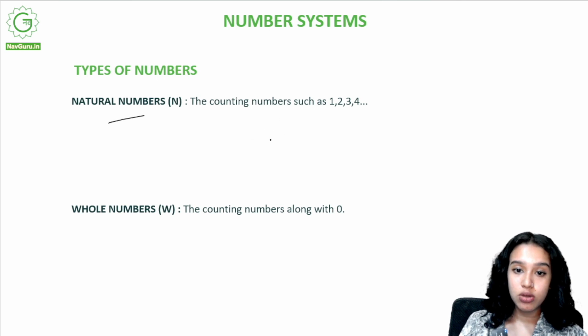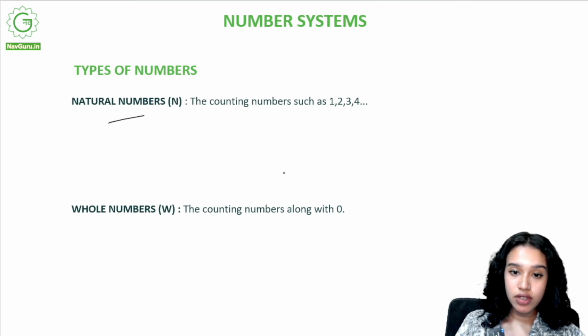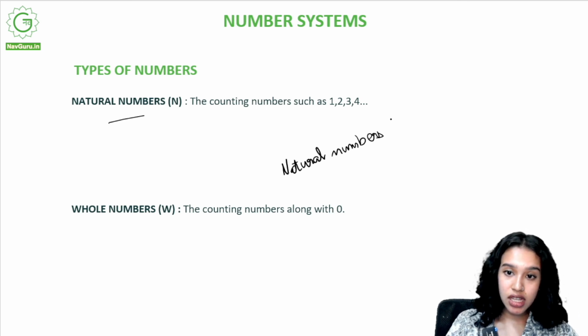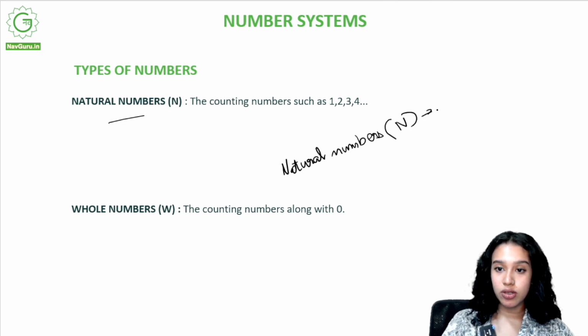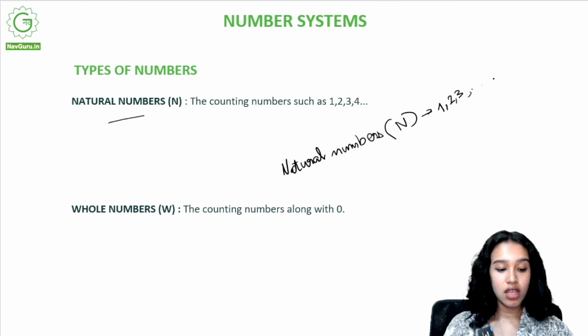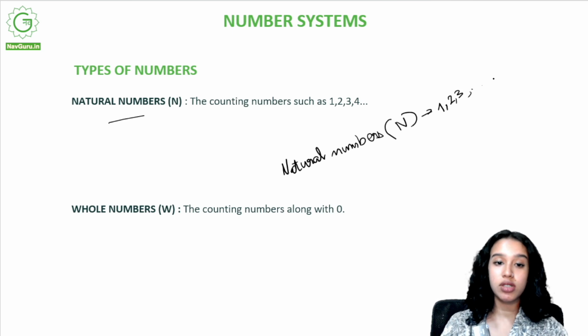No. So natural numbers, which are represented as N, are the counting numbers. So we could count them with our fingers. It goes on. So that's all about natural numbers.